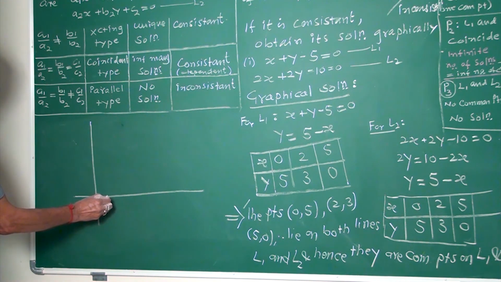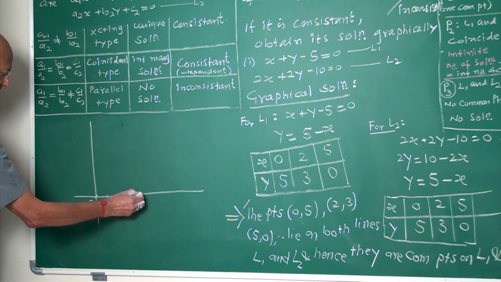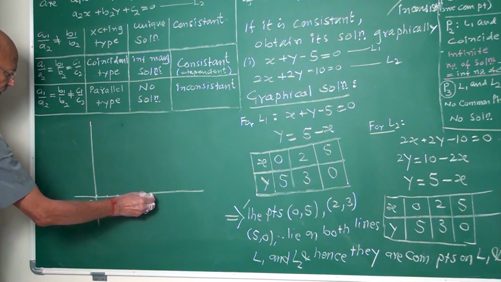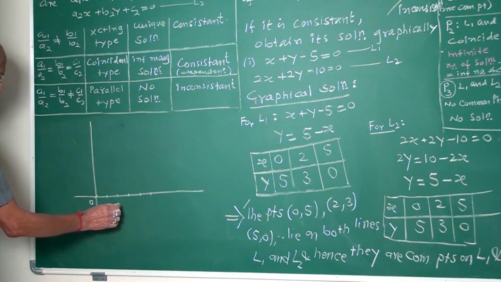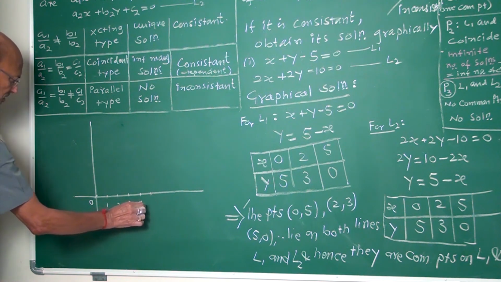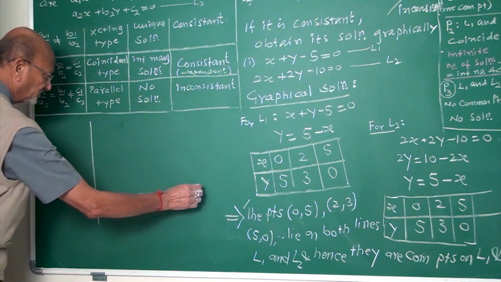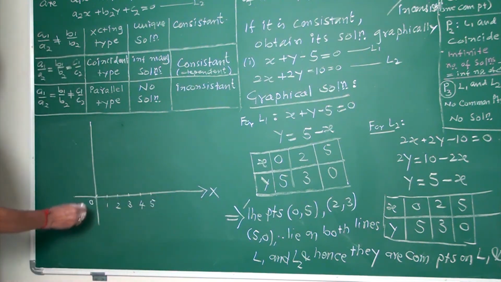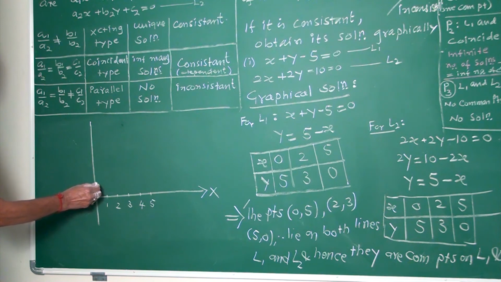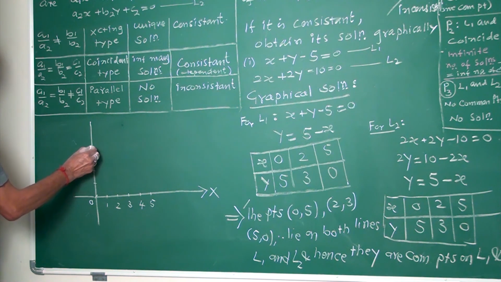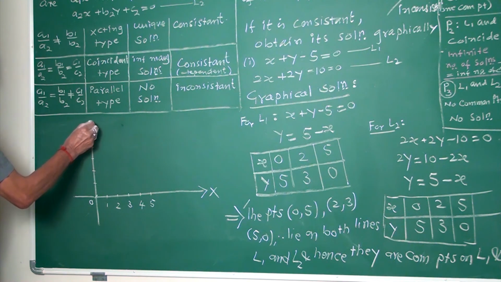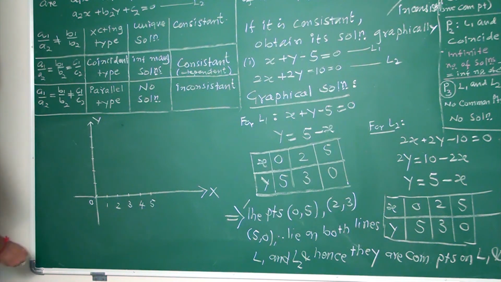So this is 1, 2, 3, 4, 5. This is the x-axis. Here also, my friend, 1, 2, 3, 4, 5. This is the y-axis.